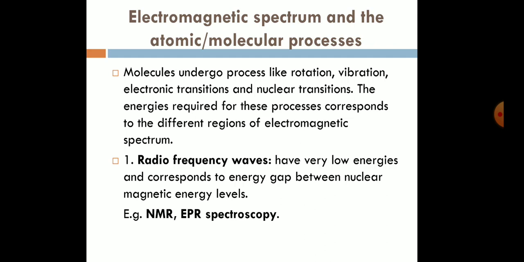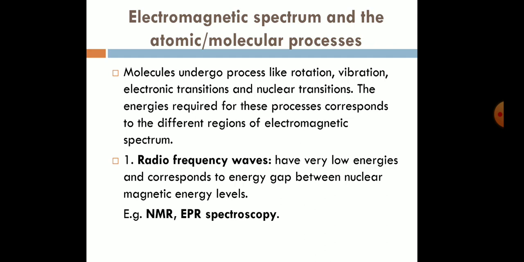It is not possible that infrared radiation can cause nuclear transition, electronic transition, rotational, vibrational, every transition; every process will not take place. Certainly, one part of the spectrum has certain energy and that will be responsible for one or two processes. Let us see how.